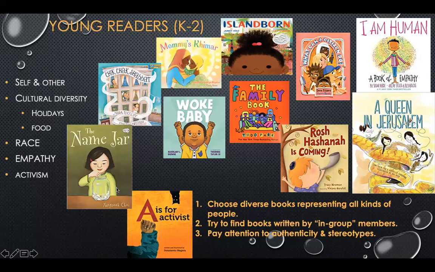And then others about different cultures. In The Name Jar, we don't want this little girl to assimilate by adopting an English name. She thinks that she should, so that her fellow students in her new school can pronounce her name. But she realizes that her fellow students actually want her to use her Korean name. And Mommy's Kimar, and then Island Born, which is not specific to any island, but it does talk about island cultures and the vibrancy of the music and the art and the food.